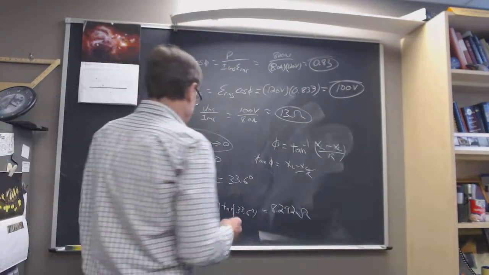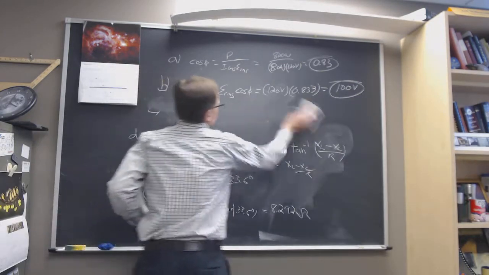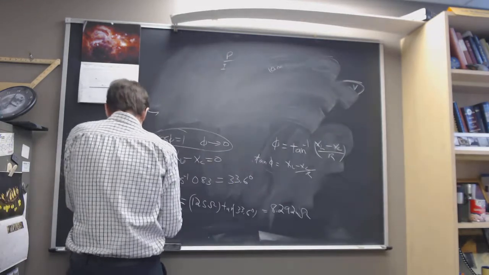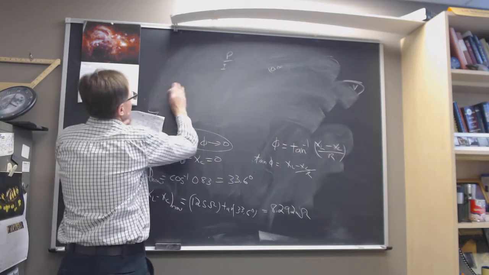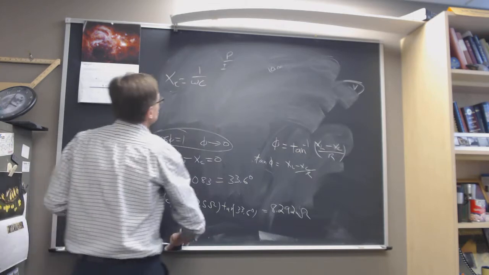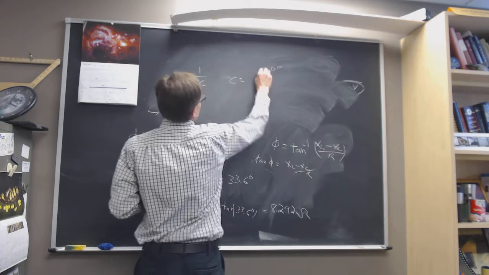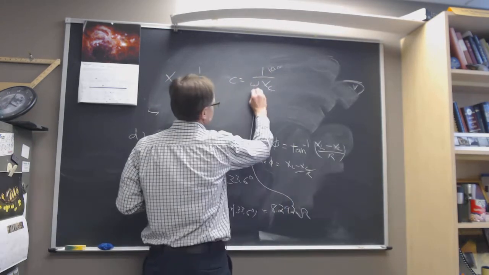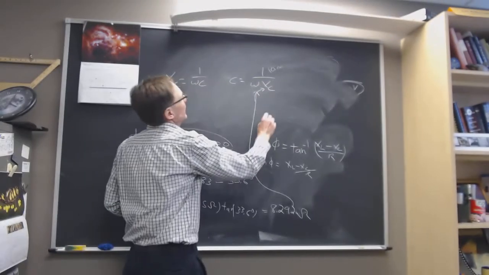So we need the additional C that we add to this circuit to be, remember that x sub C is 1 over omega C. So we need C to be equal to 1 over omega x sub C. Now that 8.292 ohms goes in there.